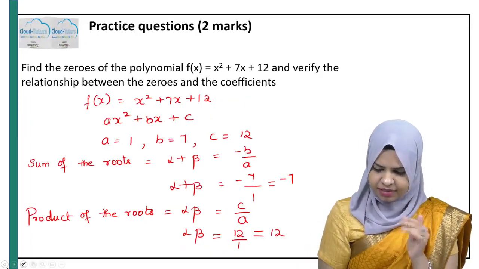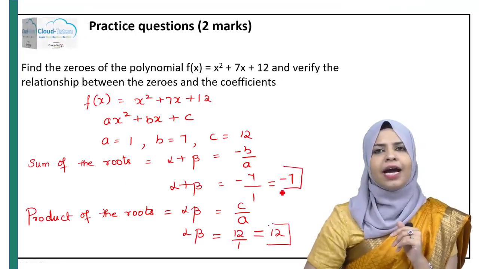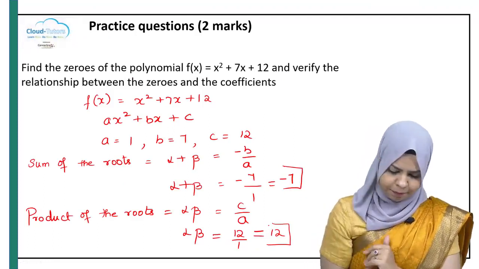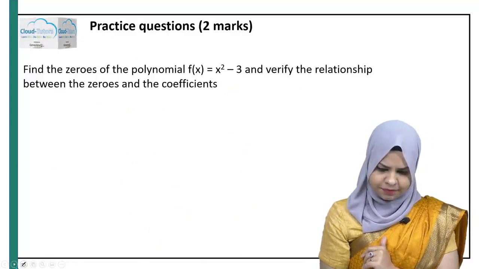And see, in the previous step we have got the same answers, right? Minus 7 and plus 12. And we have hence verified. Clear? Okay.